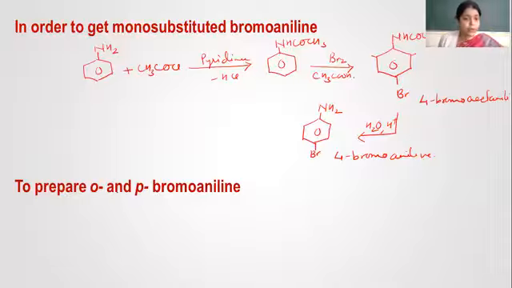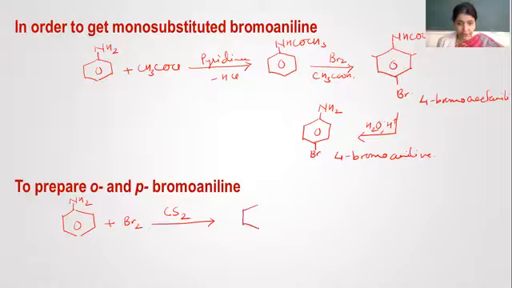If we want to prepare both ortho and para-bromoaniline, the reaction of aniline is carried out with bromine in carbon disulfide solution. In the presence of carbon disulfide solvent, the activity of NH2 decreases and two different products form, para-bromoaniline and ortho-bromoaniline.